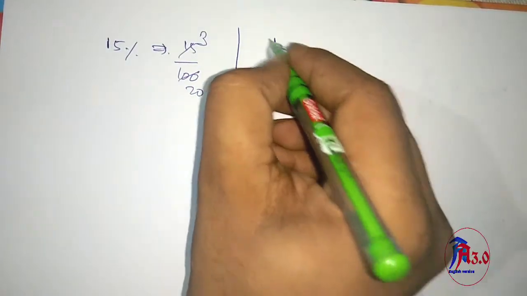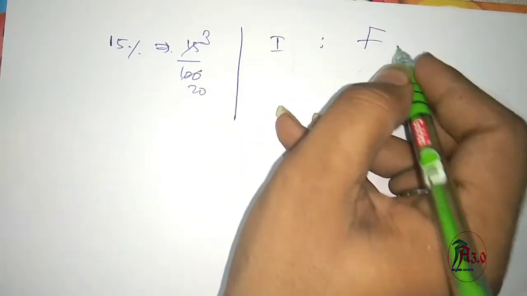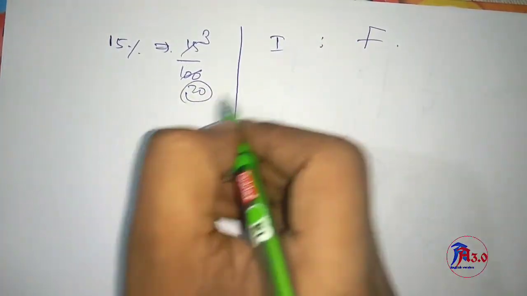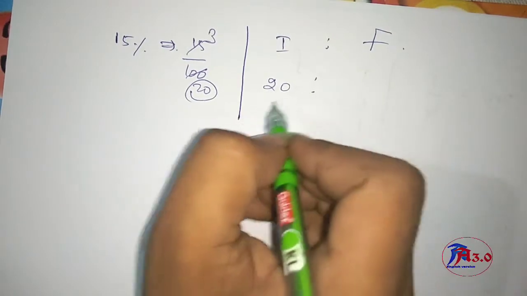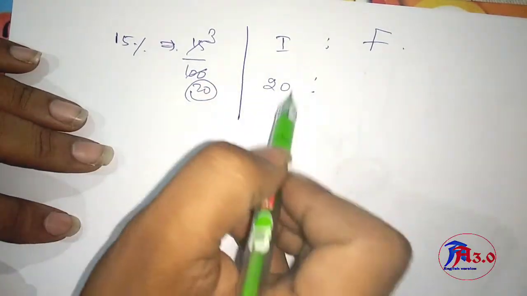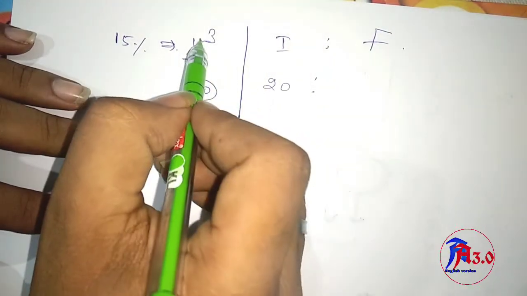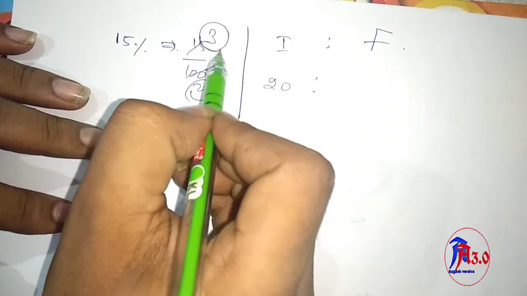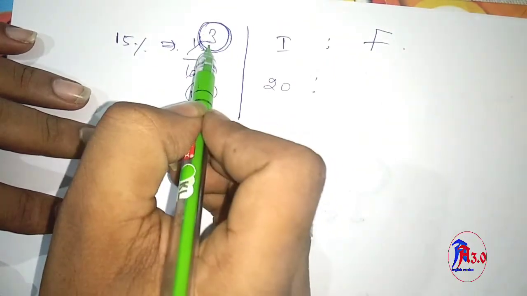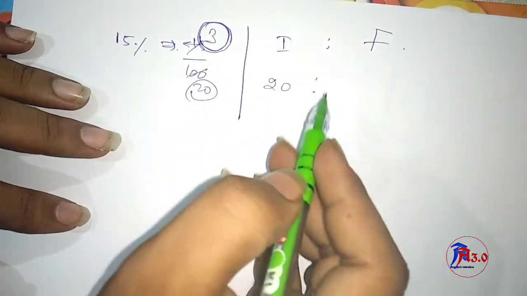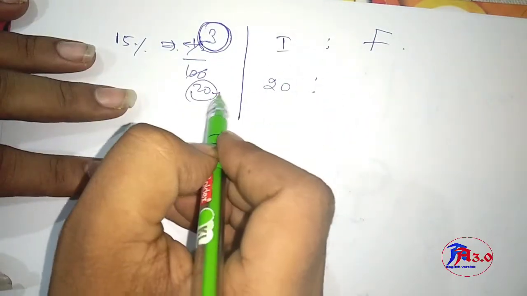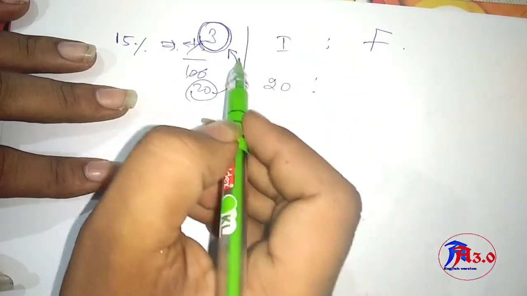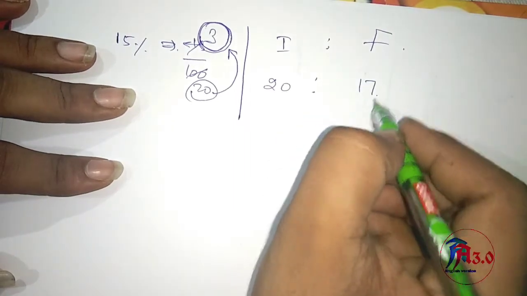So here, initial salary and final salary. If I consider 20 units as initial salary, how much is deducted? 3 units is deducted. So what will be the final salary? From 20, if 3 units is deducted, the final salary will be 17.